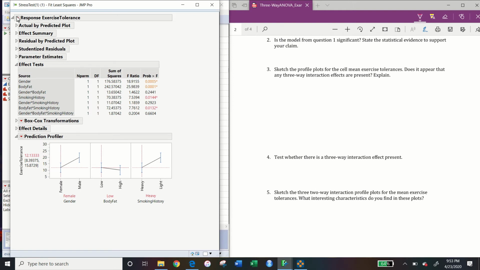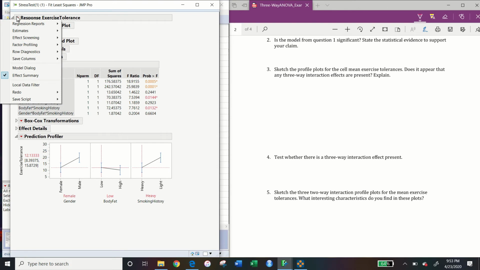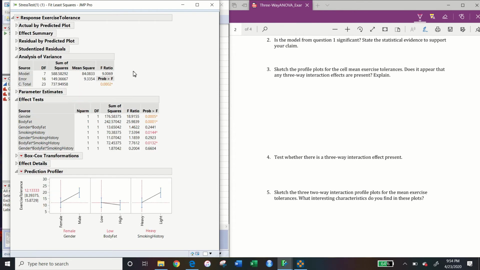We are also going to need the ANOVA table for our overall F-test. In order to get that, we will select Regression Reports, Analysis of Variance. So here we have our overall F-test and our effects test, which is what we will look at to judge our three-way, two-way, and main effects, F ratios, and p-values.